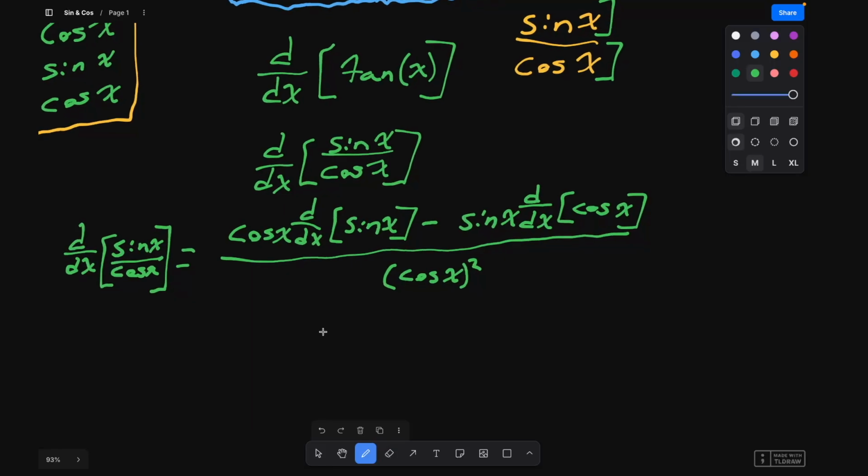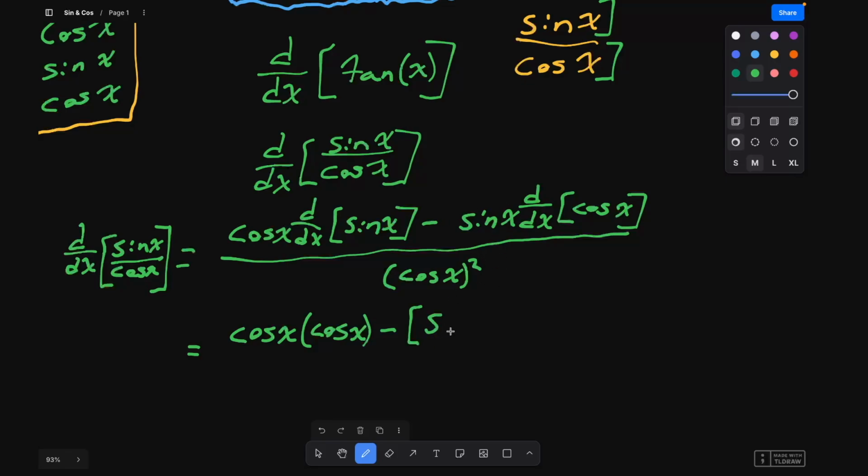Now if we follow the d/dx's, we have cosine times the derivative of sine x, which is cosine x, minus sine times the derivative of cosine x. I'm going to open a bracket here so that our subtraction is clear.